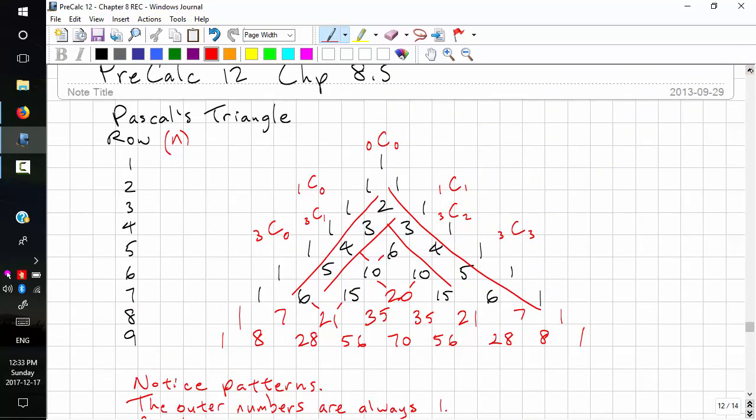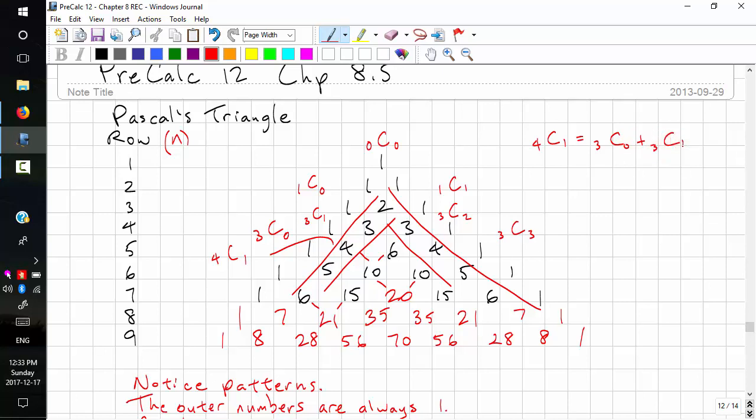However, if you want a challenge, we can write the construction of a term number. Let's say this term. So this term is 4 choose 1. So 4 choose 1 is 3 choose 0 plus 3 choose 1.